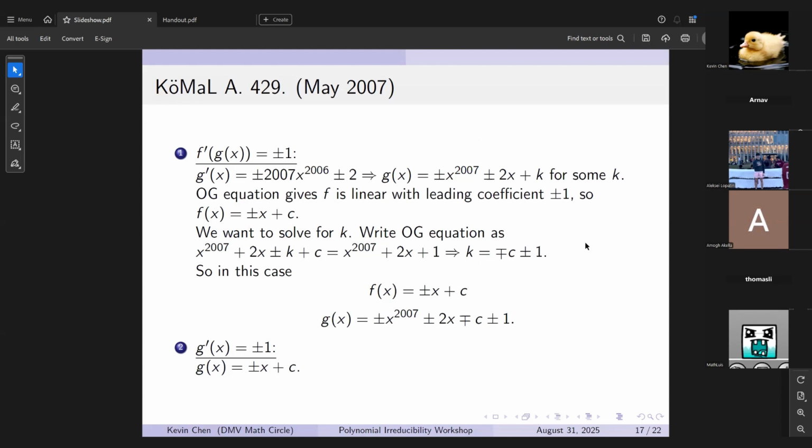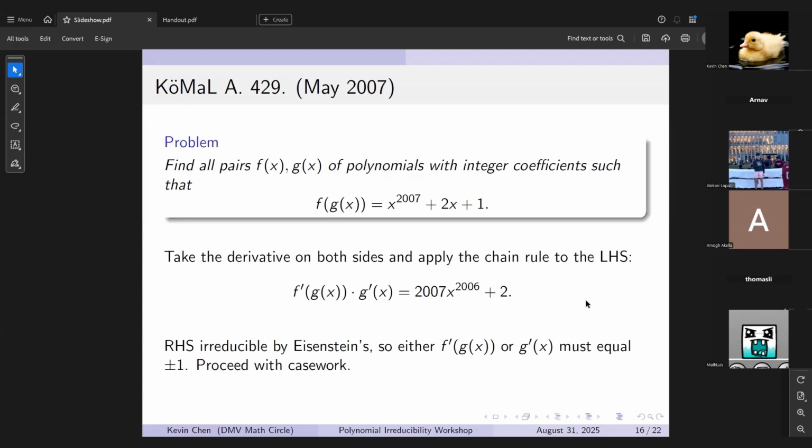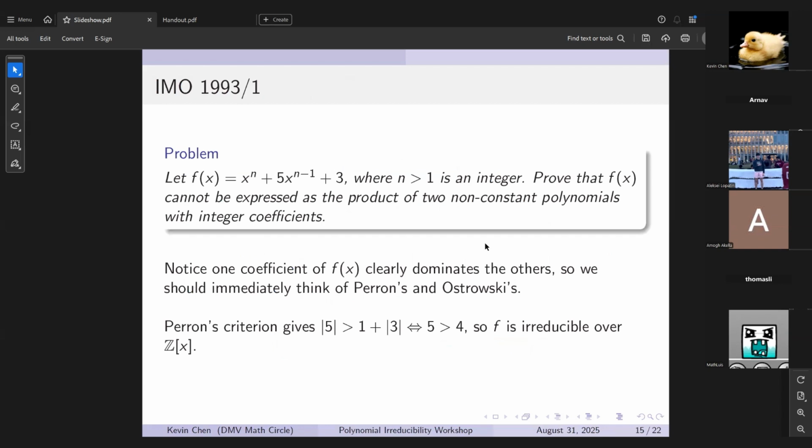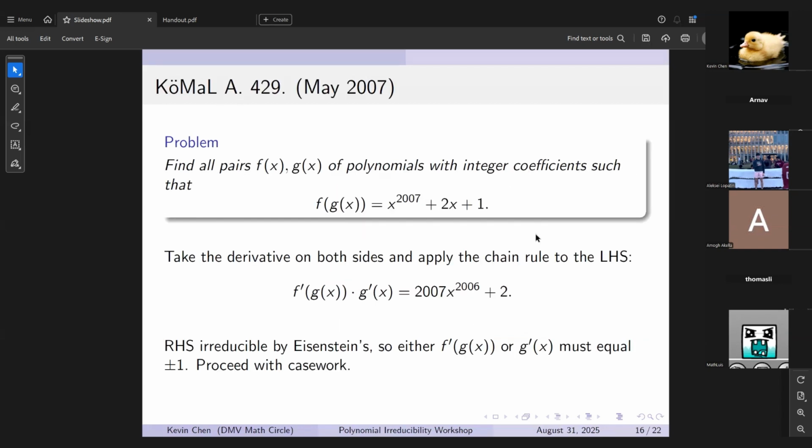Write the original equation. If we plug in g of x again, and we have the expression for f of x as well, we get the left-hand side is just x to the power of 2007 plus 2x plus or minus k plus c, which is equal to whatever's on the right-hand side right here.